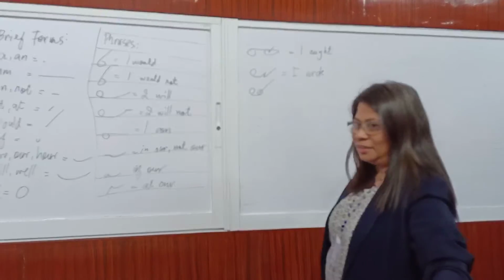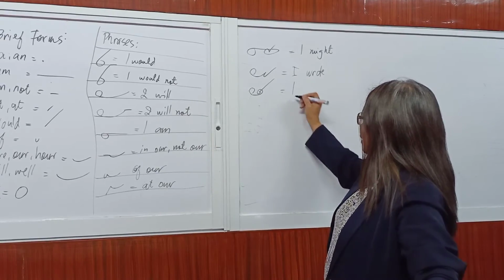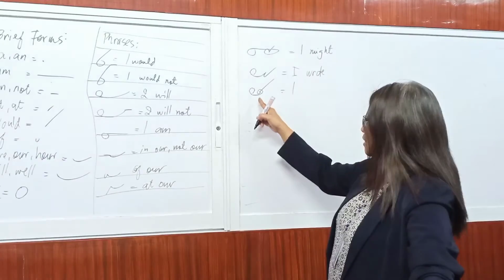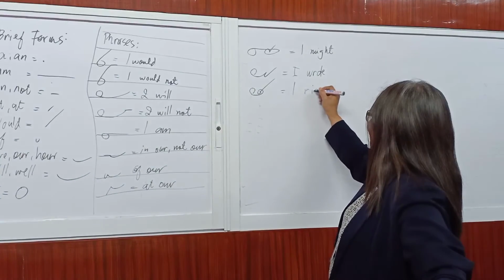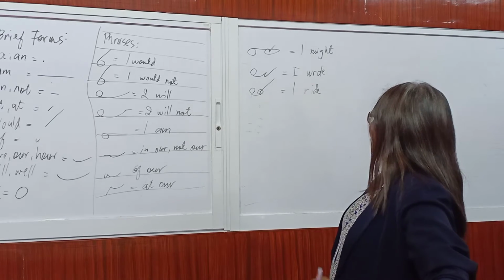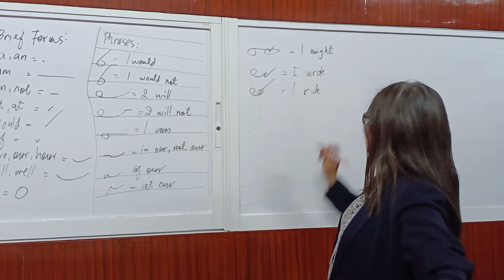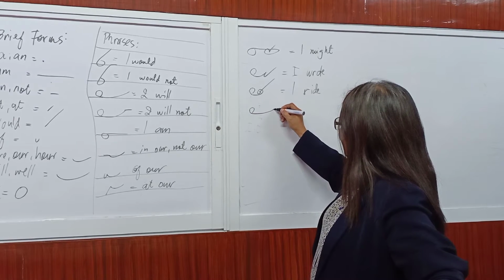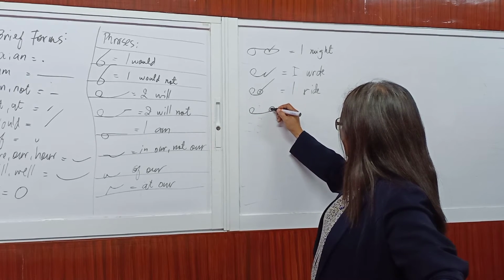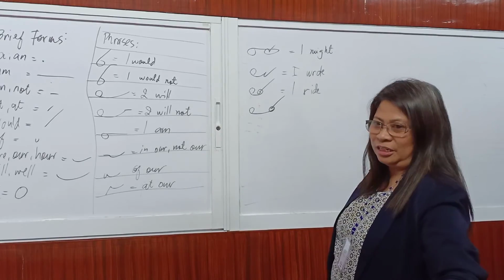I-R-I-D. What is that? So, I and R-I-D. R-I-D is I ride. I ride a jeepney to school, for example. What else? I-L-I-D. What is that?